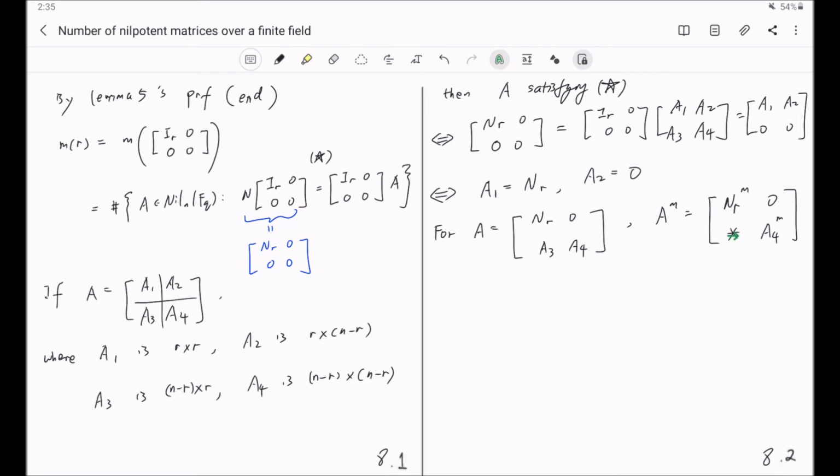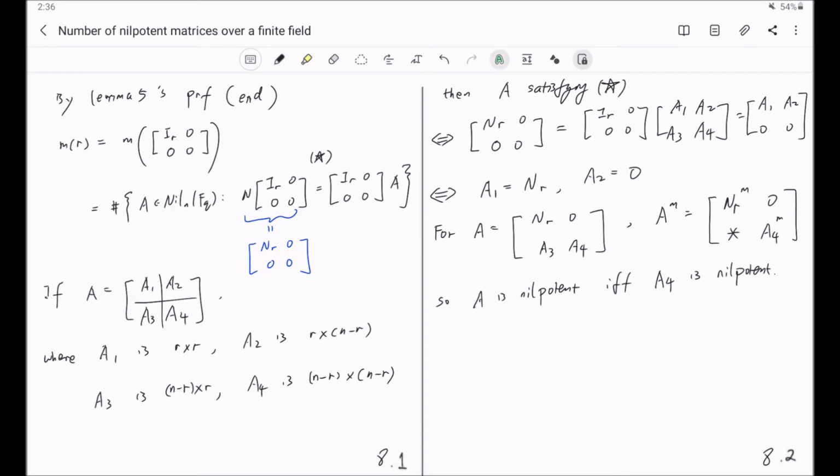This could be complicated, but we don't have to worry about it. And you can see from here that A is nilpotent if and only if A4 is nilpotent.